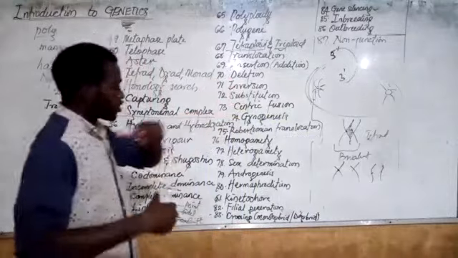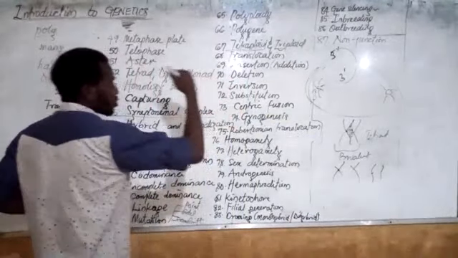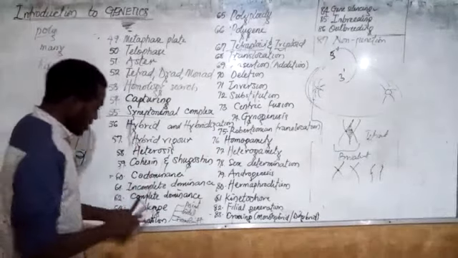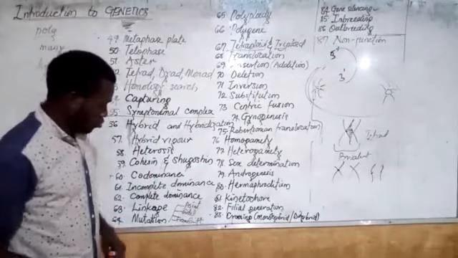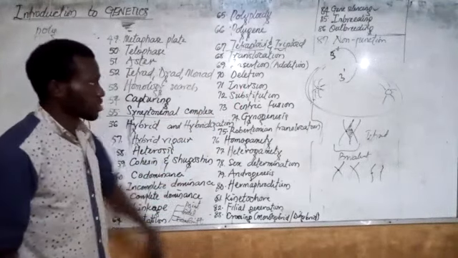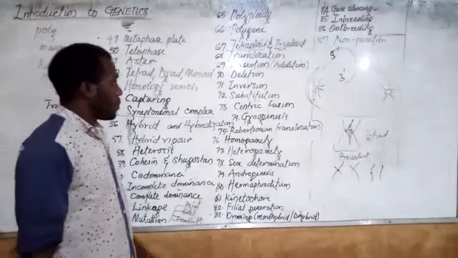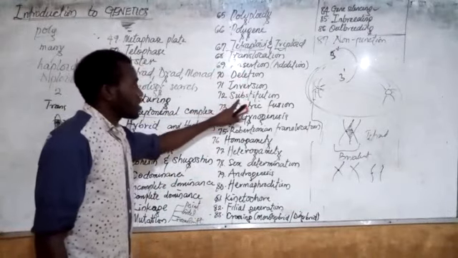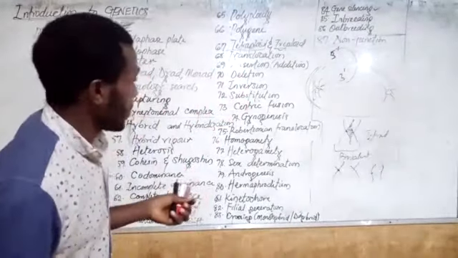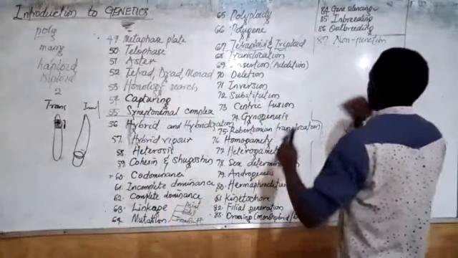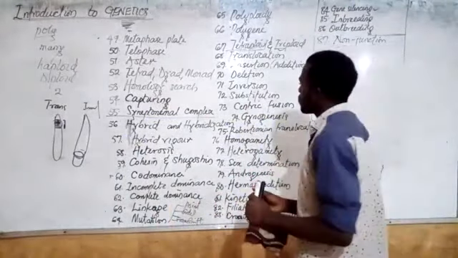Yes. So that is inversion. Then there is substitution. Substitution is a type of point mutation too. So we've done inversion, insertion and deletion. Then substitution. There are many types of substitution. We have about three of them, I think.